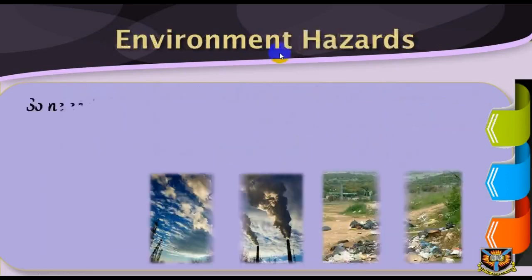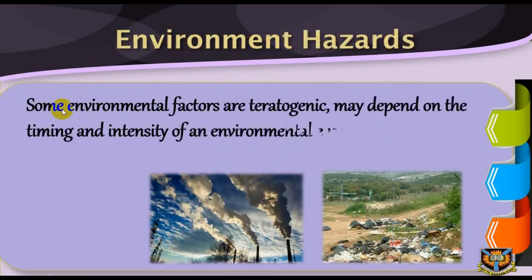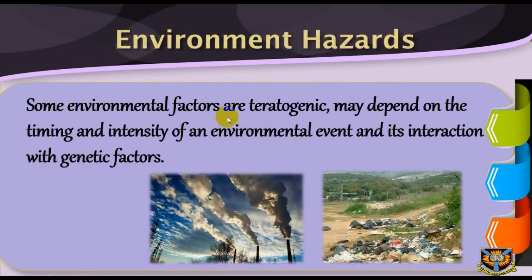Environmental hazards. Recently, scientists have become aware of some of the myriad environmental influences that can negatively affect the developing organism. The pervasive influence of the prenatal environment underlies the importance of providing an unborn child with the best possible start in life.